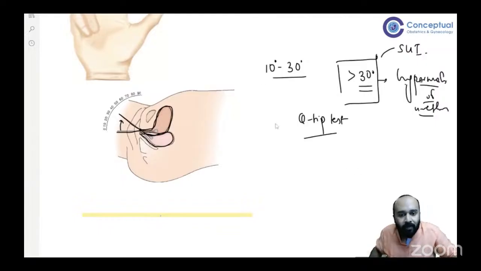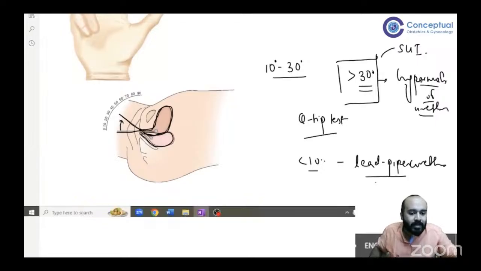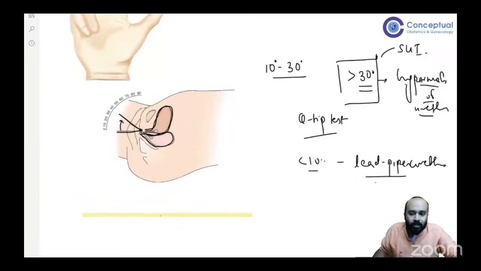On the other hand, if the movement is less than 10 degrees, it indicates something called a lead pipe or stovepipe urethra. It is a higher concept. It indicates intrinsic sphincter deficiency. This means that the internal urethral sphincter has solidified. It is not allowing any movement and the entire urethra has become stagnant.